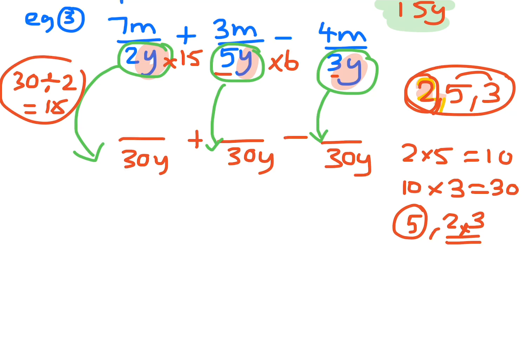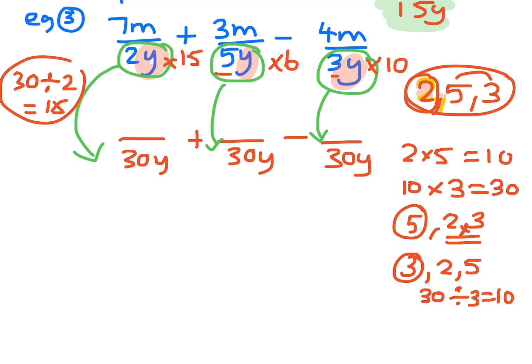And that's really just the 2 and the 3 times together, which is the 6. And then I look at the 3. 3 times what gives you 30? It's the same thing. If you've got 3, the other two factors are 2 and 5. 2 5s are 10. 3 times 10 is 30. You could also go 30 divided by 3 to figure that out, which is 10. That's another way.